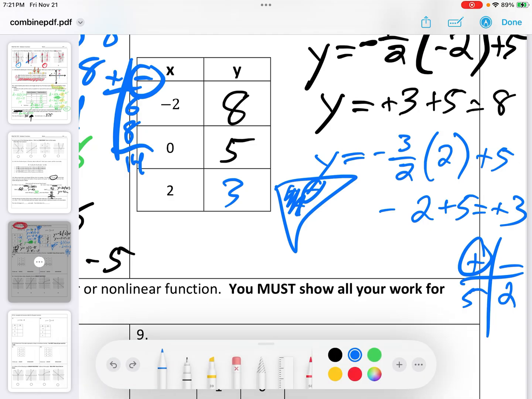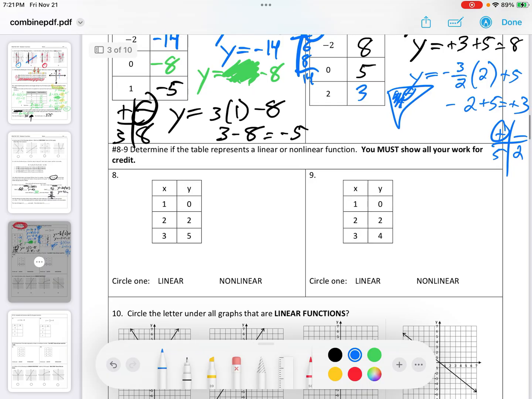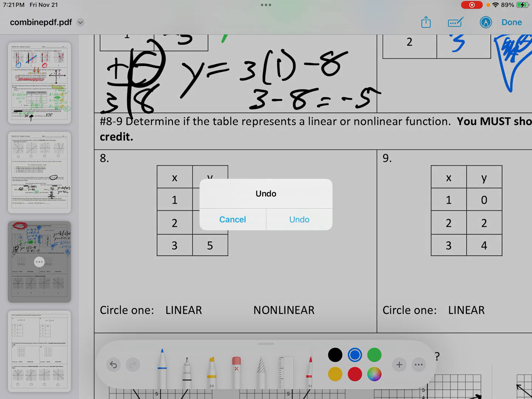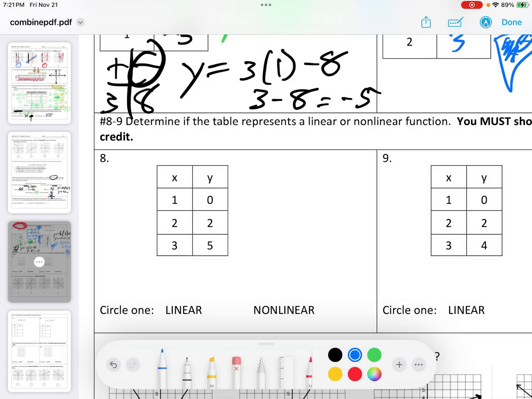Oh, Mr. Pass. There it is. Okay. Determine if the table represents a linear or non-linear function. Okay, now this is something we have not covered yet, but I'm going to do it.